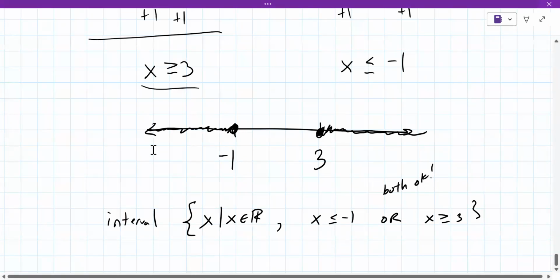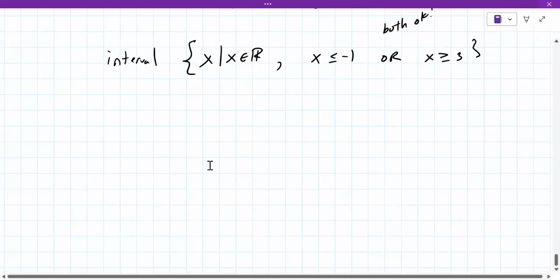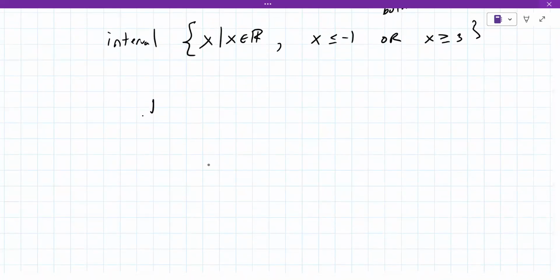All right, so let me give you one to try. Let's go 1/2 absolute value of x + 1, minus 5, greater than or equal to 0.